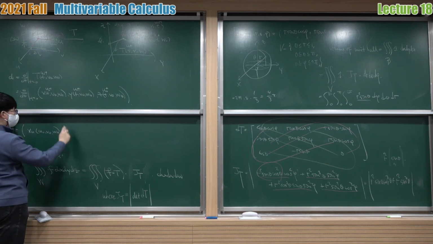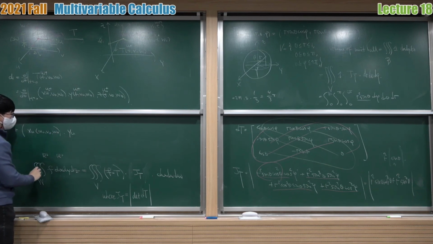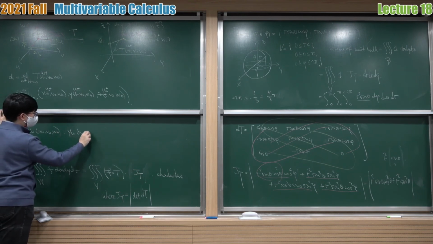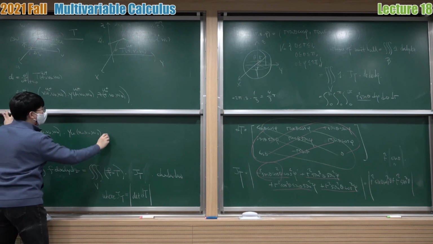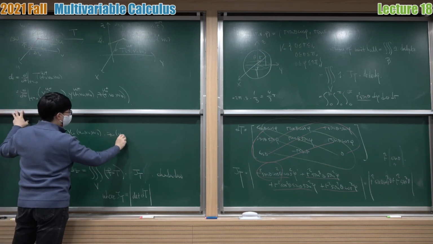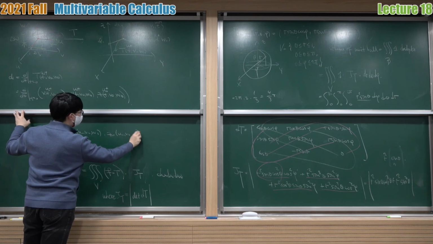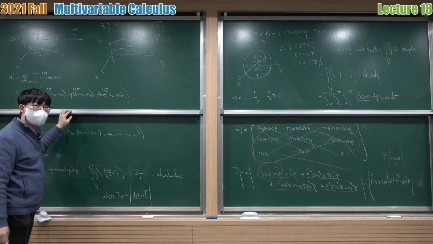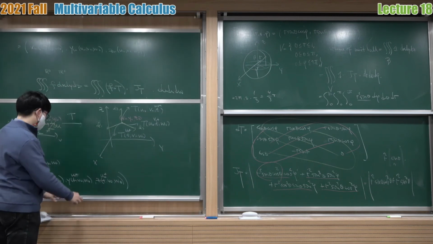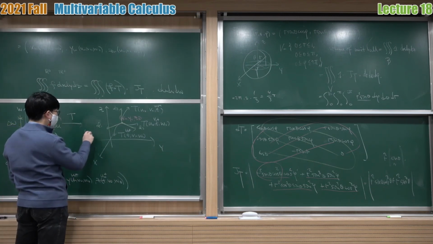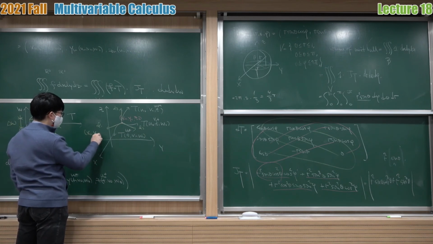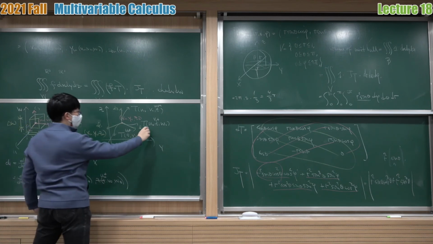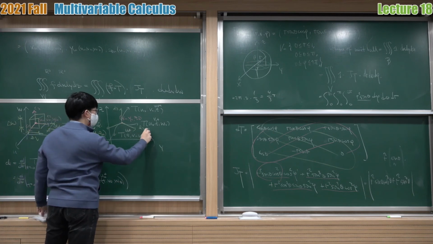And here, same thing. This is y_u at (u0, v0, w0), and z_u at (u0, v0, w0). Basically, the vector d1 is (x_u, y_u, z_u). And what is d2 then?